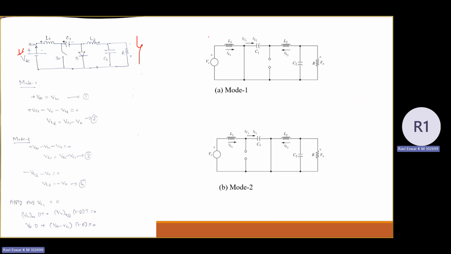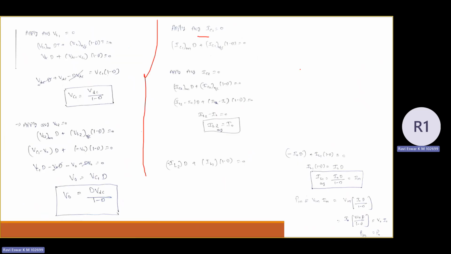So here there are two capacitors, whereas in case of the conventional converters we are having only one capacitor. But here you can see the capacitor C1 and capacitor C2. Similar to the inductors, you apply average current through the capacitor over a cycle equal to 0. So you can apply for the capacitor C1, you can apply for the capacitor C2.